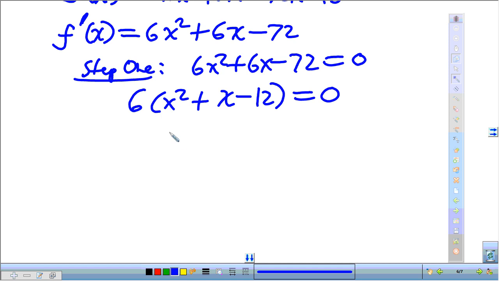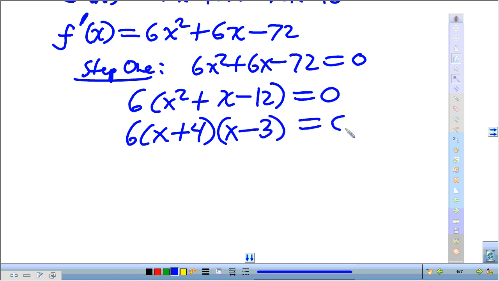Leaving x squared plus x minus 12, and then that's not probably too hard to factor into a 3 and a 4. And finally we get 2 solutions, minus 4 and 3. But it's a nice polynomial, so no discontinuities.